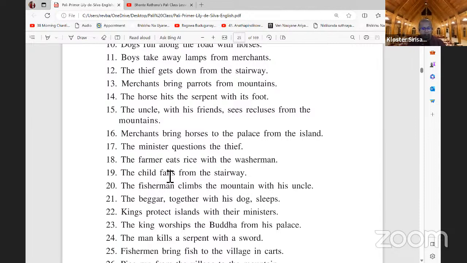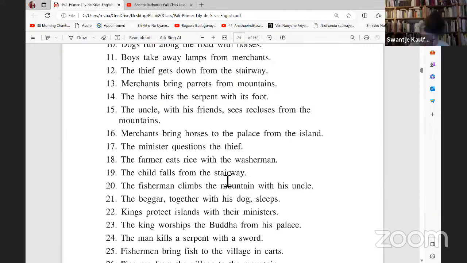And number 19, the child falls from the stairways. Darako sopanamha patati. Very good.